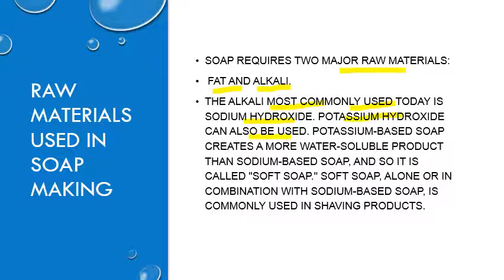We have discussed that if we use sodium hydroxide, the soaps produced are hard soaps, which do not produce lather quickly. And if we use potassium hydroxide, it produces quick lathering. The potassium based soap creates a more water soluble product than the sodium based soap, and so it is called soft soap.